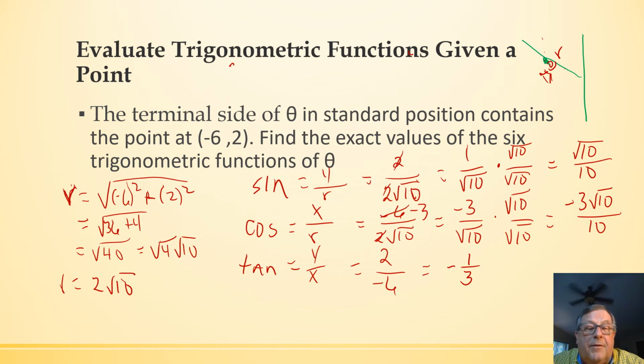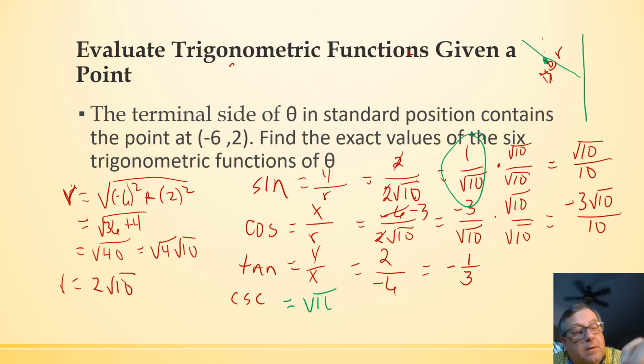All right, I think I've got room to get the other 3 in. The cosecant is the reciprocal of the sine. Right here, I had it simplified to 1 over the square root of 10 before I rationalized it. So the cosecant is just equal to the square root of 10. How about the secant? Well, the secant is the reciprocal of the cosine.